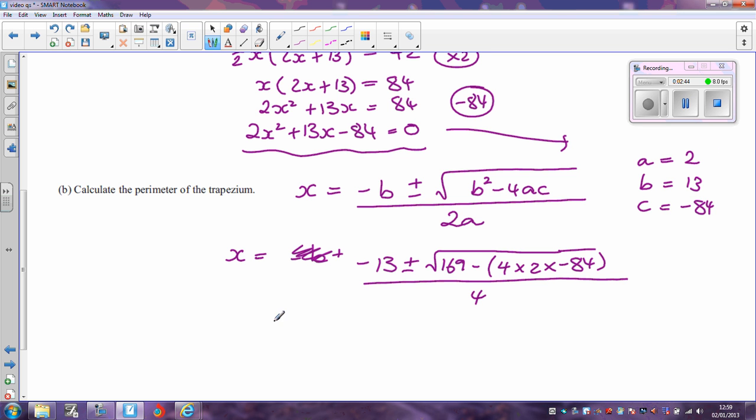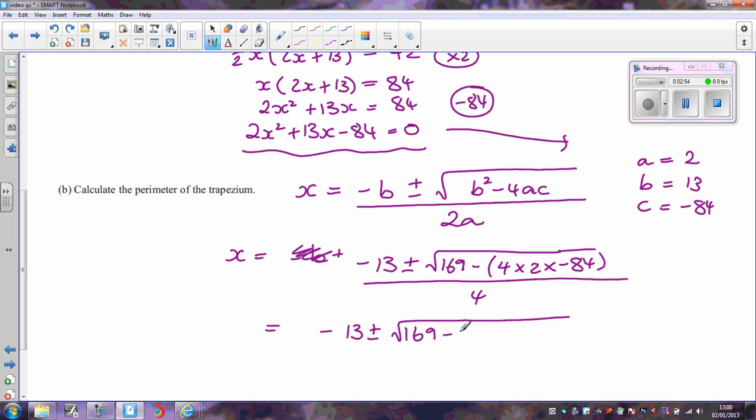2 2's 4. Okay, carrying on, so you've got minus 13 plus or minus the square root of, if I work out the bracket now, the 4 times 2 times minus 84, that comes out as minus, so if I just do 84 times 8, comes out as 672. And that's divided by 4.